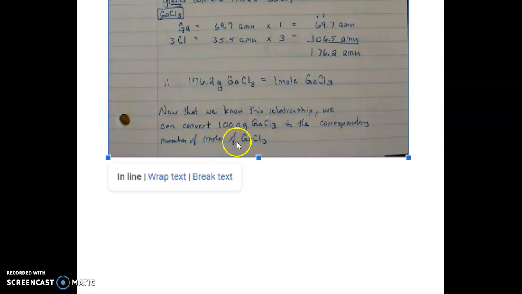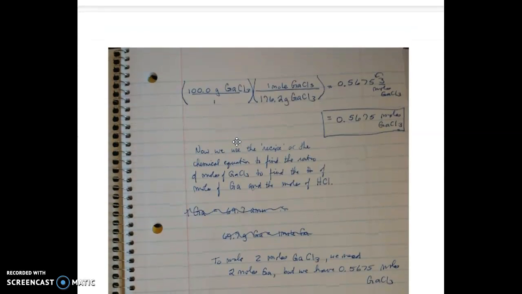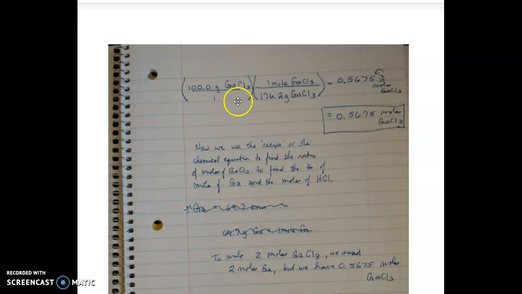I'm going to scroll down to this next picture. We set it up like a conversion equation. We start with what we know. We have 100.0 grams of GaCl3, and any number over 1 is simply still that number. The parentheses just mean multiplication.